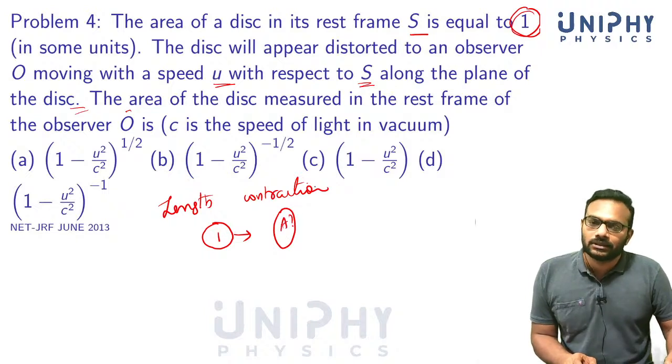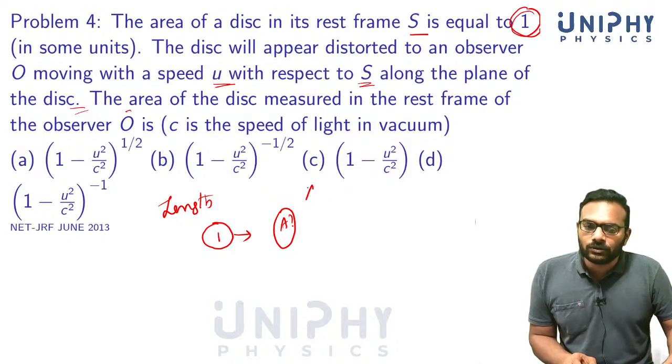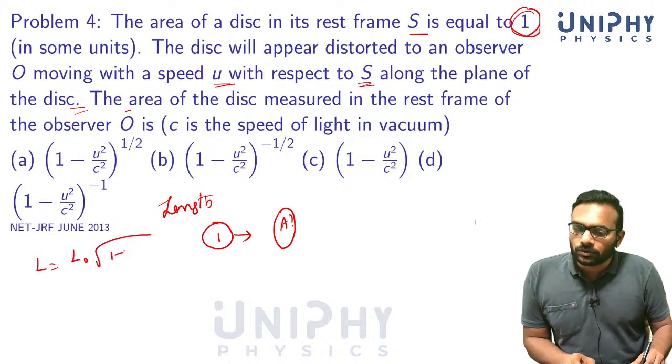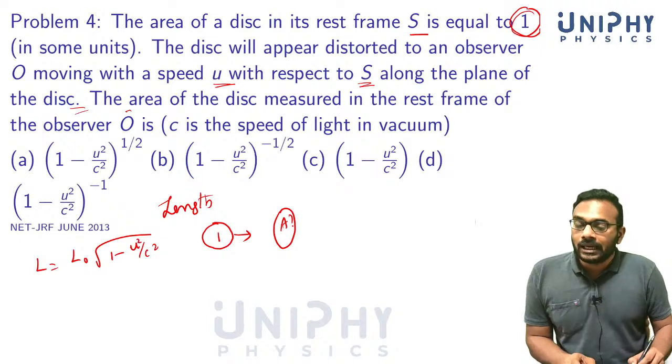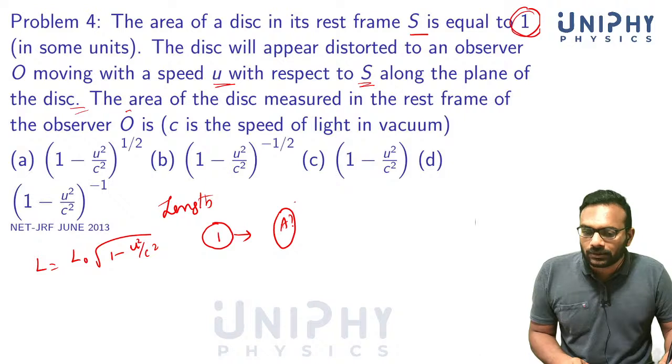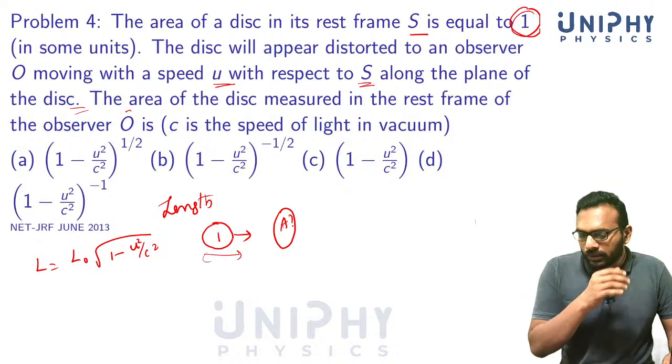The simple answer is from the length contraction formula: L equal to L0 multiplied by square root of 1 minus v square by c square, here it's u square. This length contraction happens only in the direction of motion. There is no length contraction in the perpendicular direction.